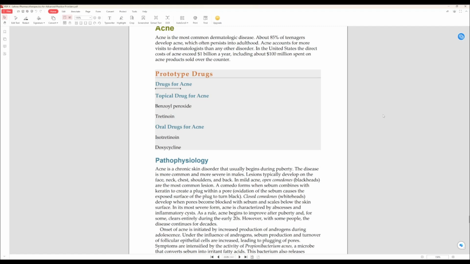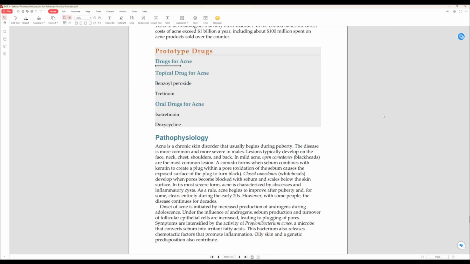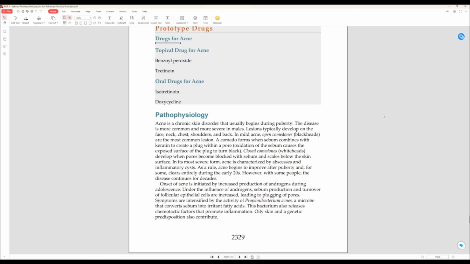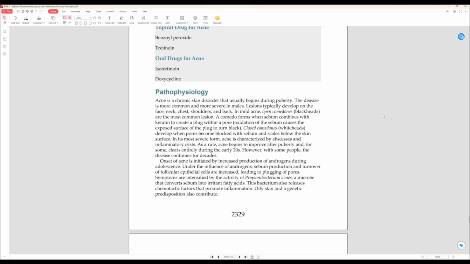As a rule, acne begins to improve after puberty, and for some clears entirely during the early 20s. However, with some people, the disease continues for decades. Onset of acne is initiated by increased production of androgens during adolescence. Under the influence of androgens, sebum production and turnover of follicular epithelial cells are increased, leading to plugging of pores.